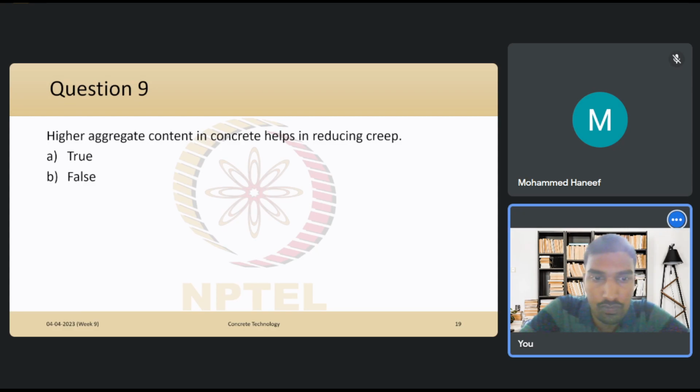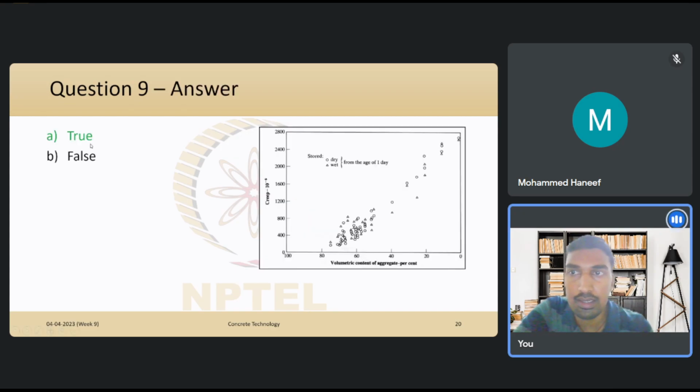Okay, we have one vote for true. The right option is also option A, that the statement is true. So when we have higher aggregate content, we'll have lesser creep.